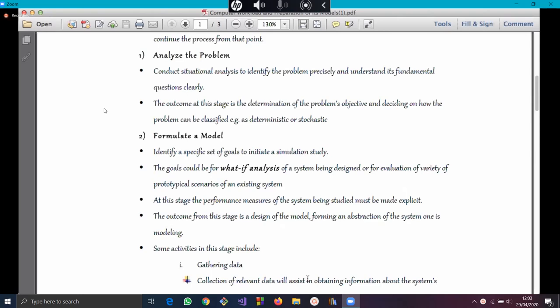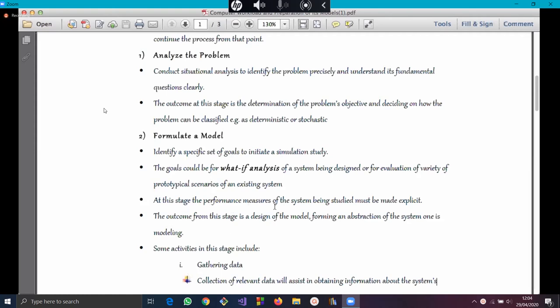Meaning, if I'm saying that I need to model and predict the likelihood of raining, and therefore if it rains, it causes floods, I must actually have data. And having known the various goals, I've set my what-ifs, I must then collect data on those measures.